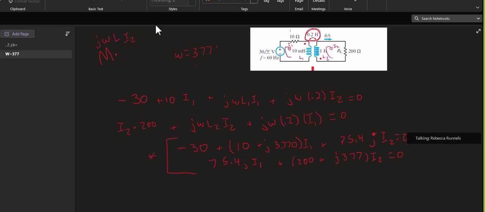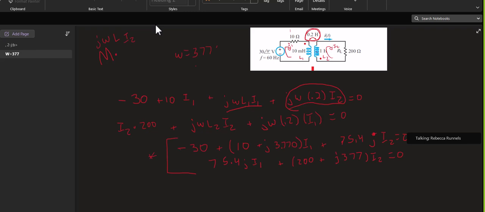So anytime you have a current going through an inductor, you get an additional impedance from other inductors that are around if they have a mutual inductance. So we got not only the self-inductance term, which was jωL1 I1, we also got from this same inductor the mutual inductance term right here, which came from the fact that these inductors interacted with each other.